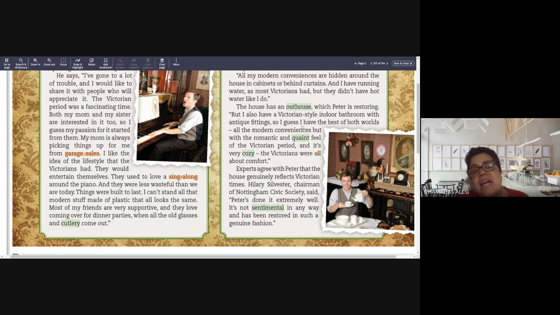So I guess I have the best of both worlds. So he has both styles of bathrooms. So all the modern conveniences, but with the romantic and quaint feel of the Victorian period.